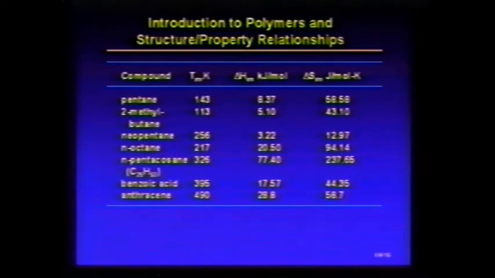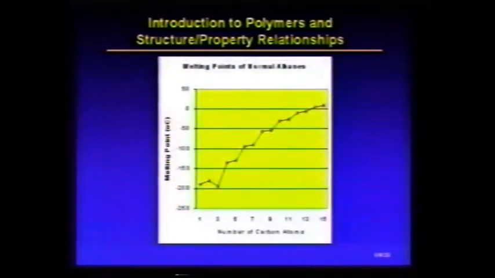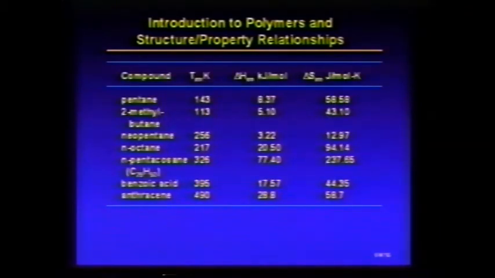If we look at the data now for N-octane, the next highest, if we could go back to that table just very briefly. N-octane versus benzoic acid, something interesting to note here. Benzoic acid has a far greater melting point, and that would usually be ascribed to the fact that there's a carboxylic acid, and these intermolecular forces are far stronger than those operating between N-octane molecules.